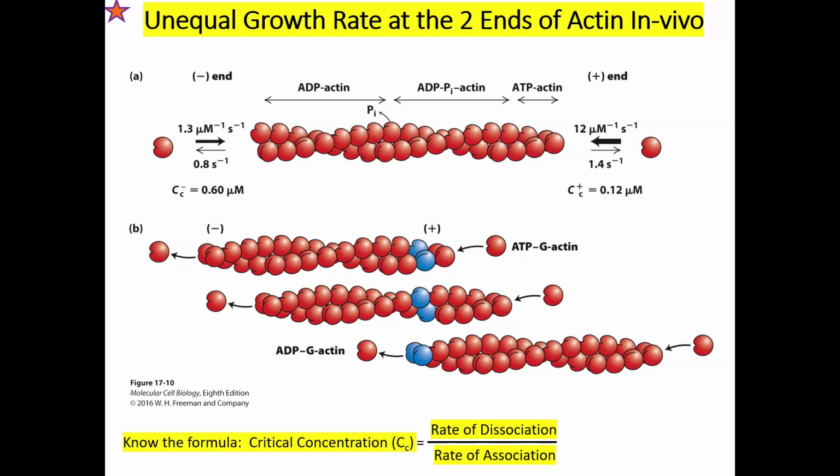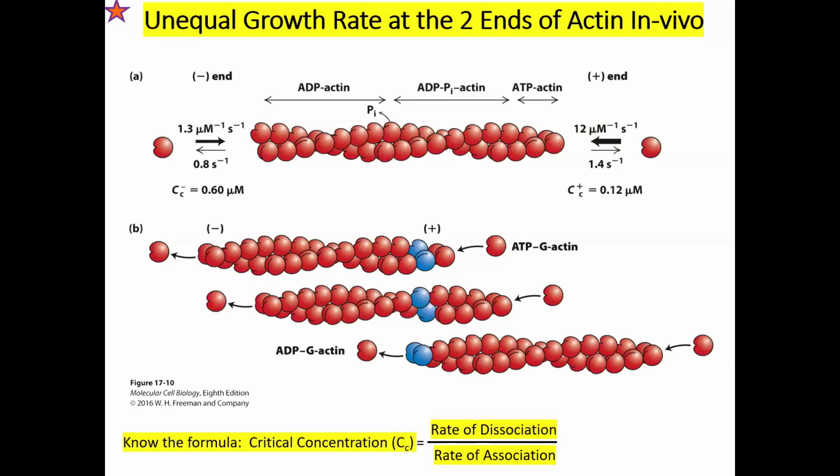So that means that, to make it apples to apples, you can add 12 molecules of G-actin to this end, whereas about 1.4 molecules will dissociate from this end. That gives you the critical concentration: rate of dissociation over rate of association.